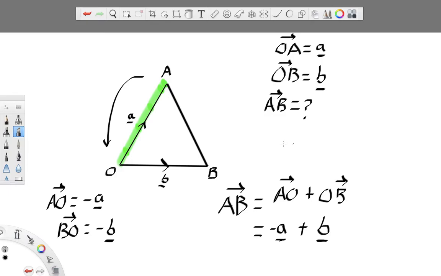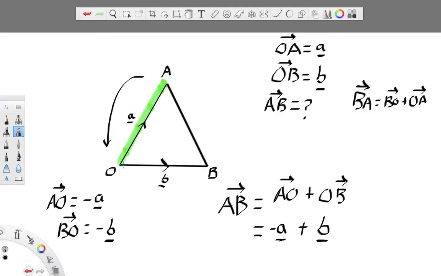What about if I then said, what's B to A? Well, we look at our diagram, so we go from B to A. Well, again, there's not a path defined, but we could go from B to O and then O to A. So we go from B to O, and then we've got to add O to A. Well, what was from B to O?